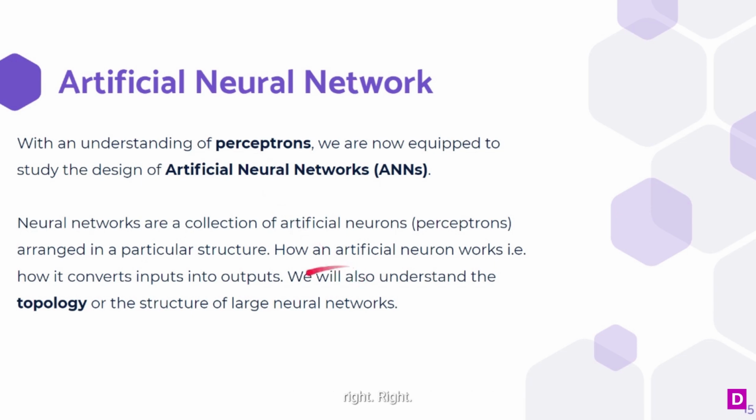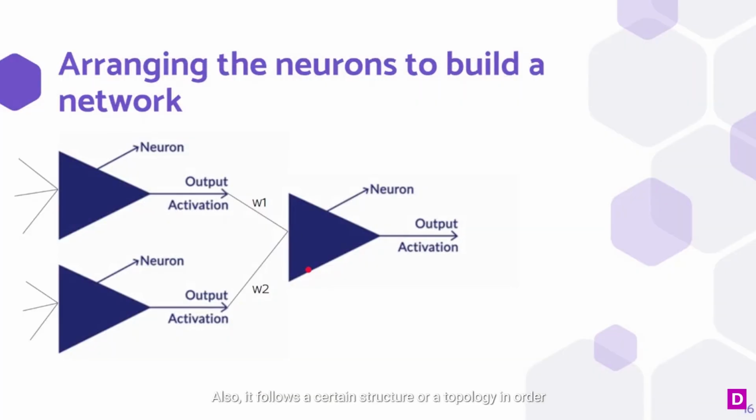Even the human brain follows a certain structure or topology in order to convert the input signals into the specific output signal. We will understand how an artificial neuron converts inputs to outputs, and also what the topology of large neural networks looks like.